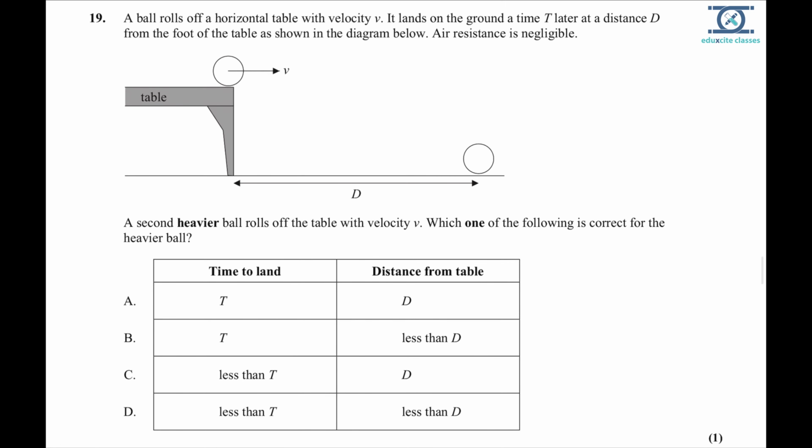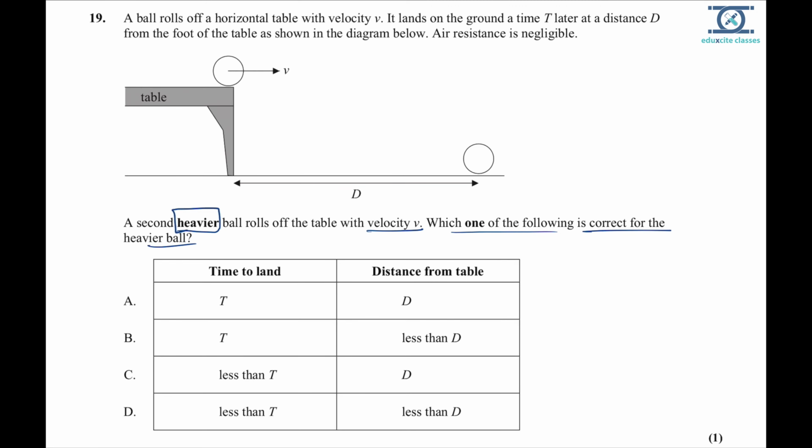Question number 19, the ball rolls off a horizontal table with velocity v. It lands on the ground at time t later at a distance d from the foot of the table. Air resistance is negligible, a second heavier ball. Now heavier ball means only mass is changing, velocity is the same. Which of the following is correct for the heavier ball?